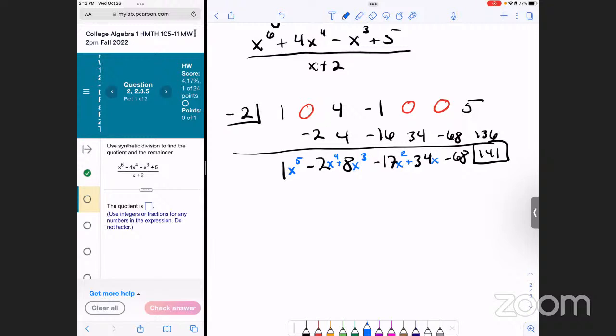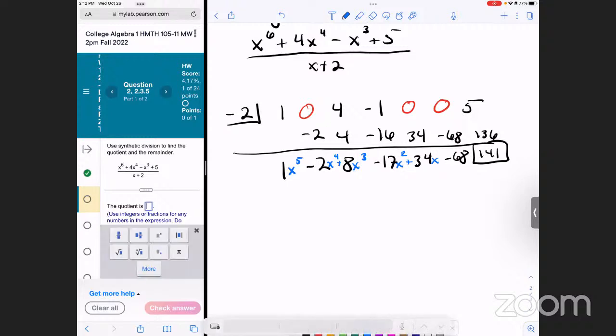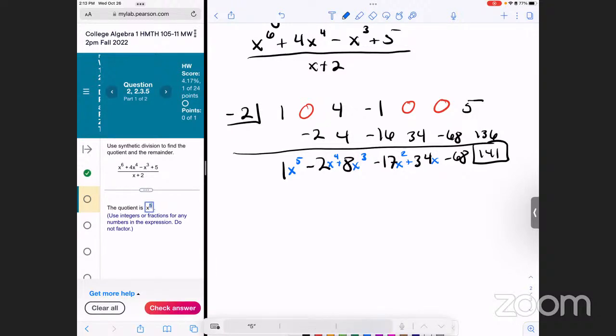Let's try submitting this. Let's see if I can just type it here. We don't need that box. All we need is this. So we have x to the power of 5 minus 2x to the power of 4 plus 8x to the power of 3 minus 17x squared, 34x minus 68.